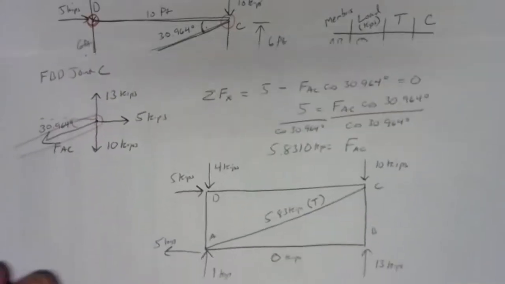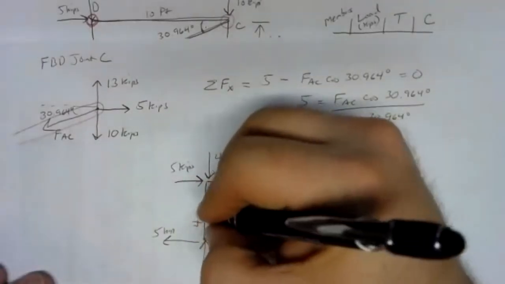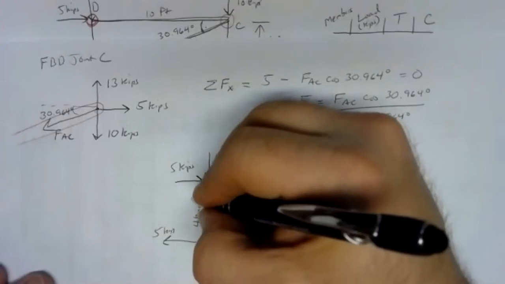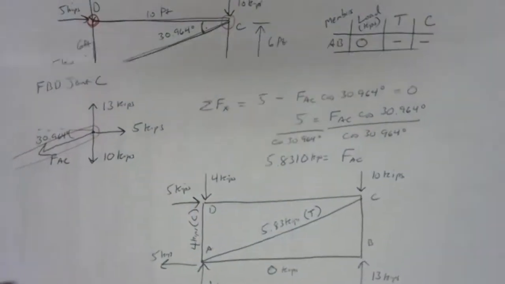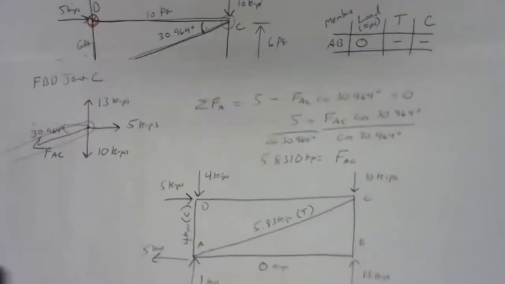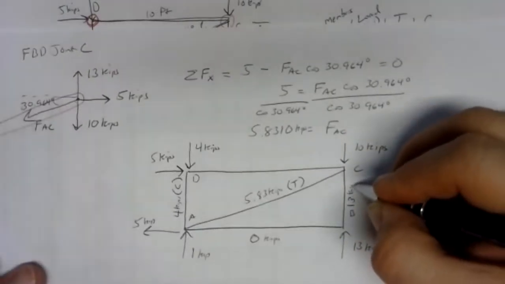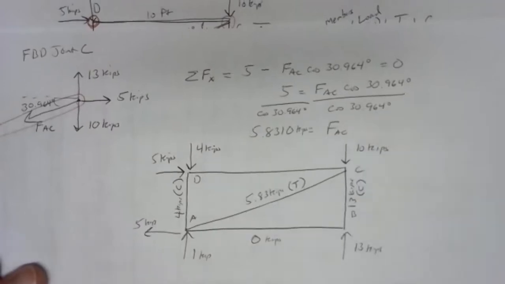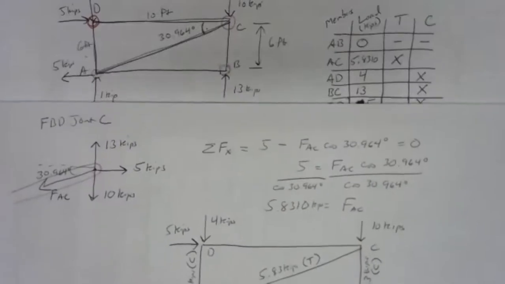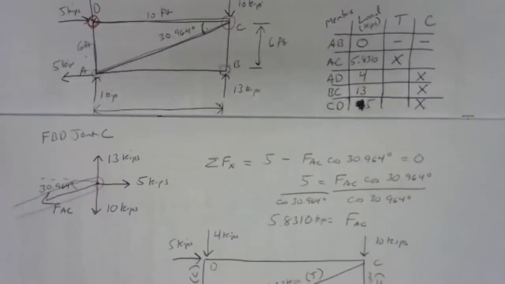Member AD was 4 kips in compression. And so I've got 4 kips with a parentheses C. Member BC carries 13 kips, also in compression. And member AD carried, oops, I labeled something wrong here.